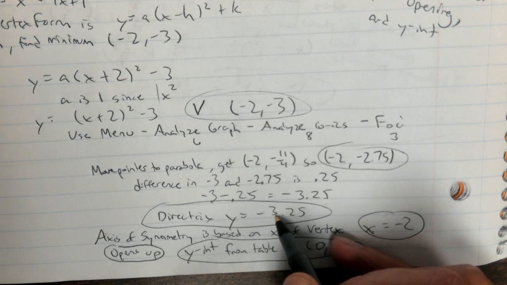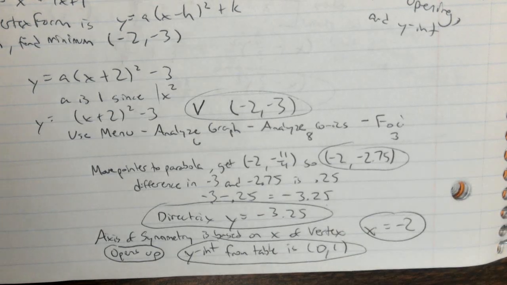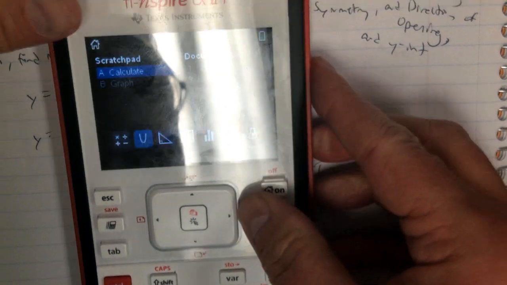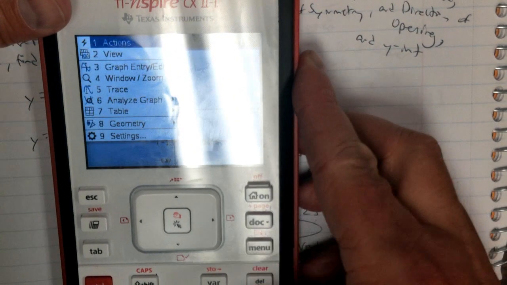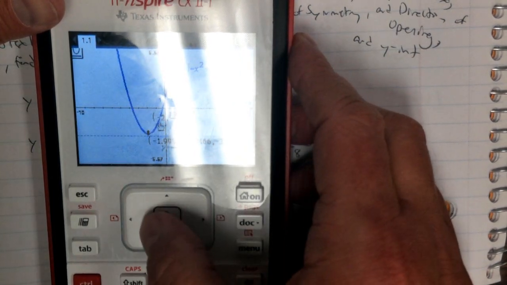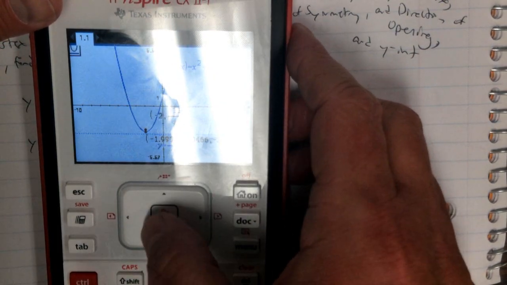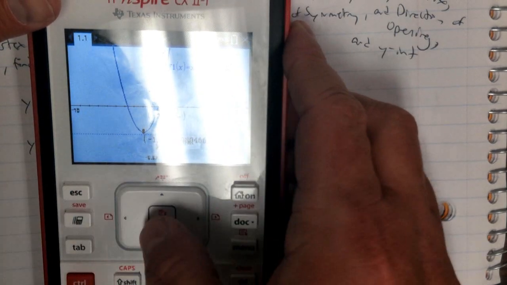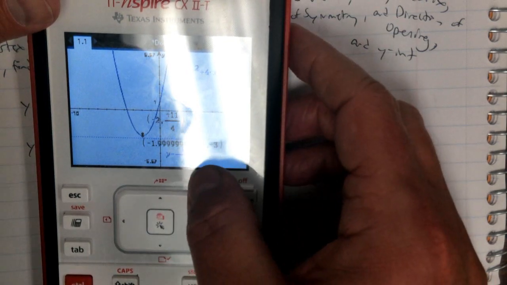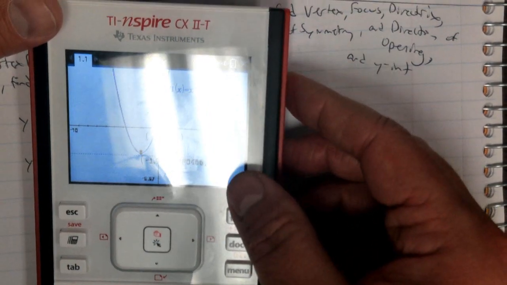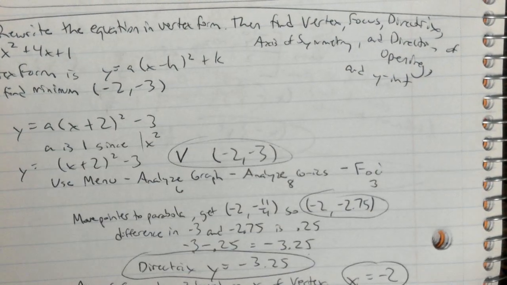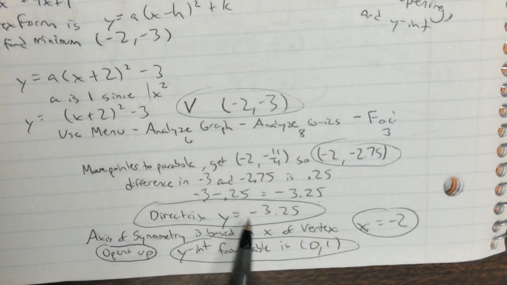So you have y equals -3.25. Also remember, when we went to the graph on this, if we went to analyze directrix and clicked it, it shows it as a fraction. I'm going to hit escape and move it. And this was -13/4. And then we'd have to say -13/4 as a decimal is -3.25.